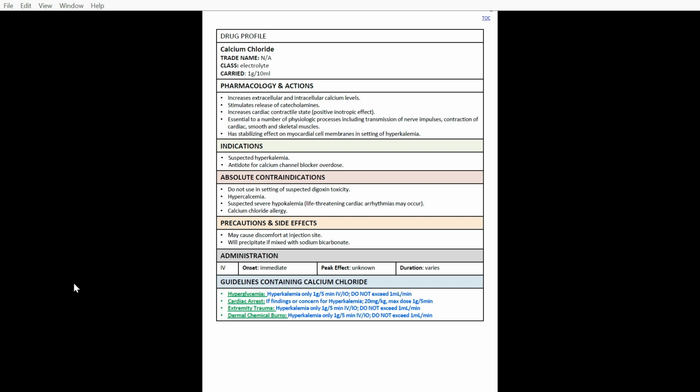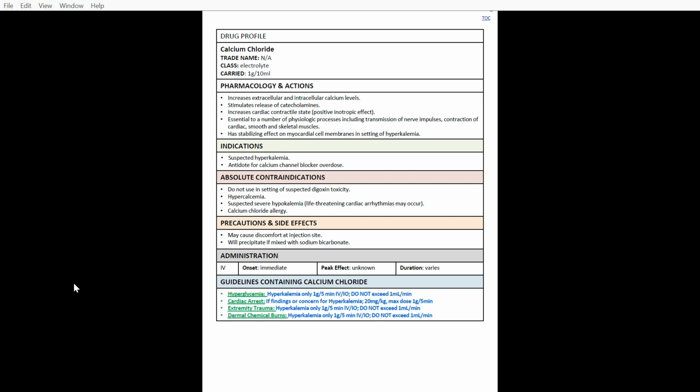So remember, when we have a patient that is suspected to be in a hyperkalemic state, some things that we're looking out for on the monitor are peaked T waves and eventually widening of the QRS. The reason why we would give calcium chloride in these is essentially because of its effect on stabilizing the myocardial cell membranes.